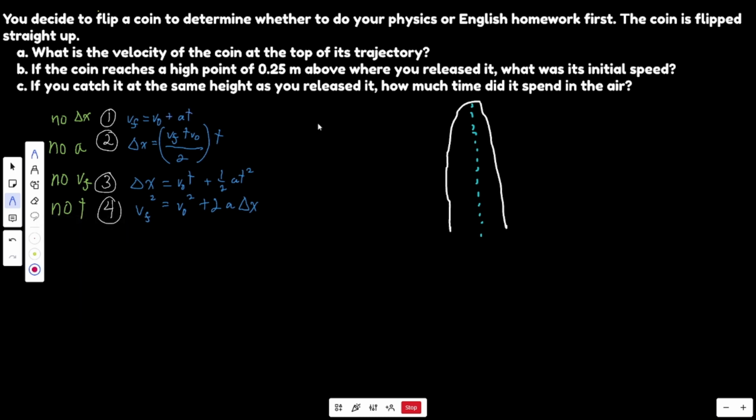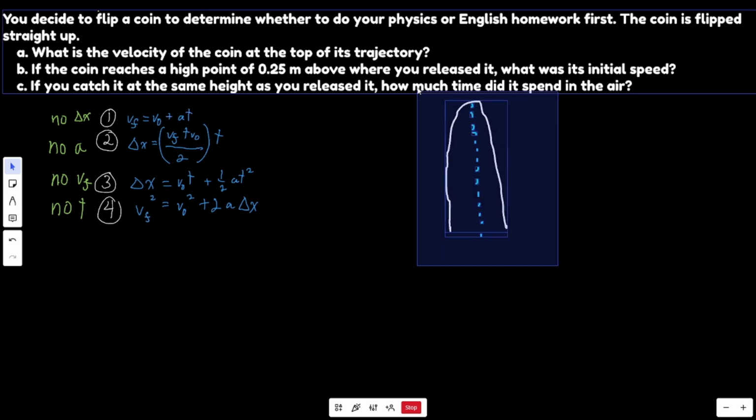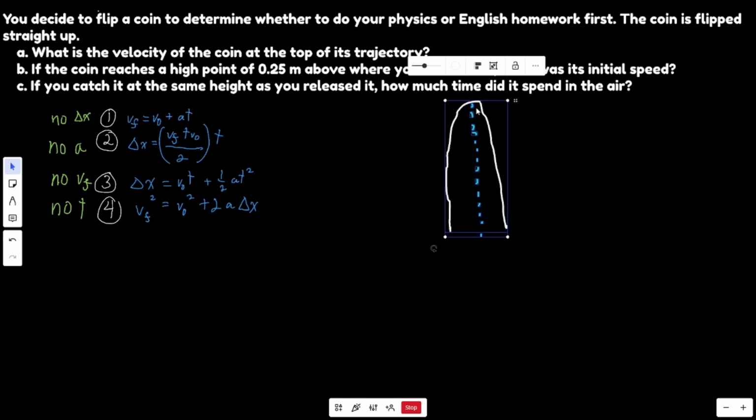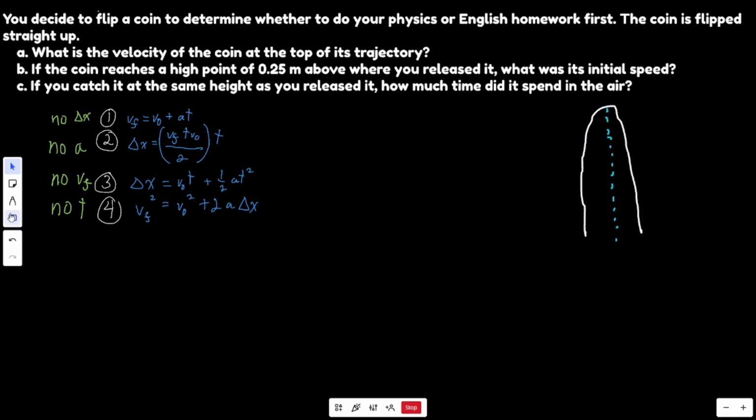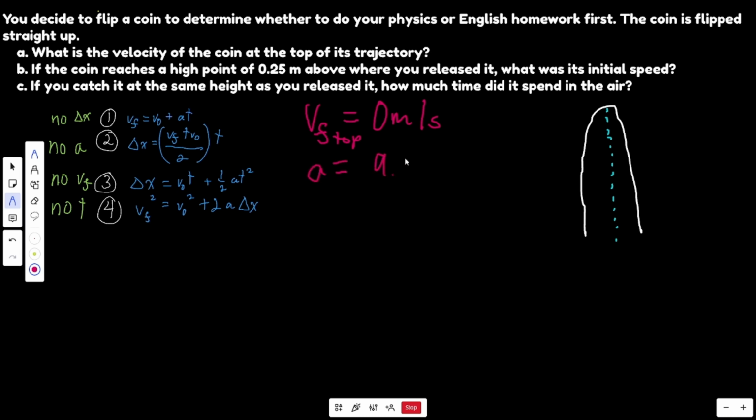Right now we have the final velocity as it reaches the top. So Vf of 1/2 of it is 0 meters per second. Let's just put Vf top so that we can label. We also have acceleration due to gravity, which is 9.8 meters per second squared.